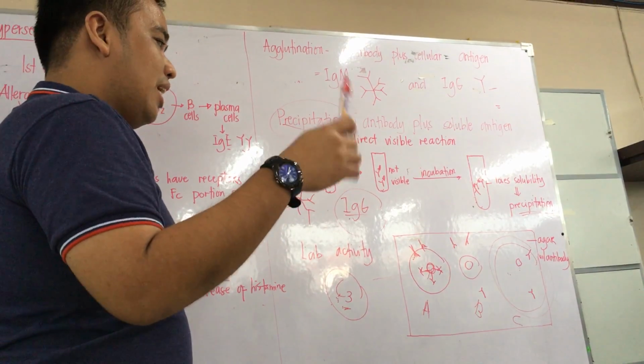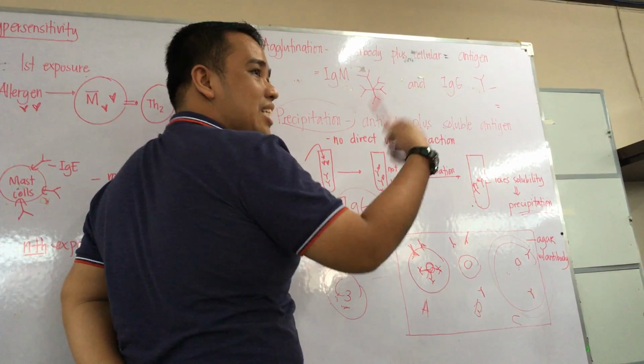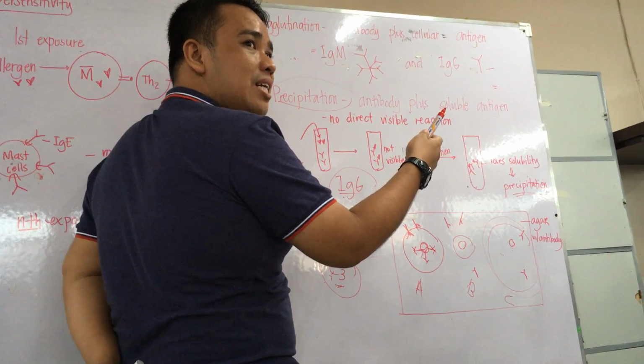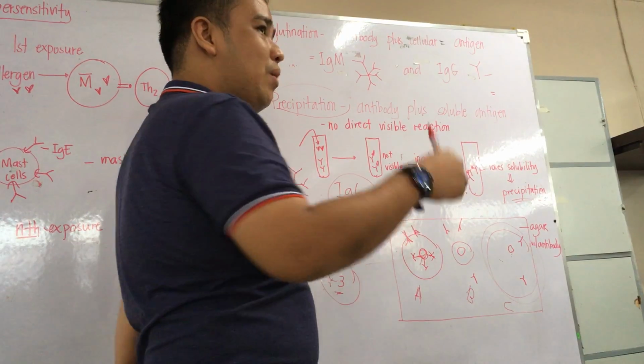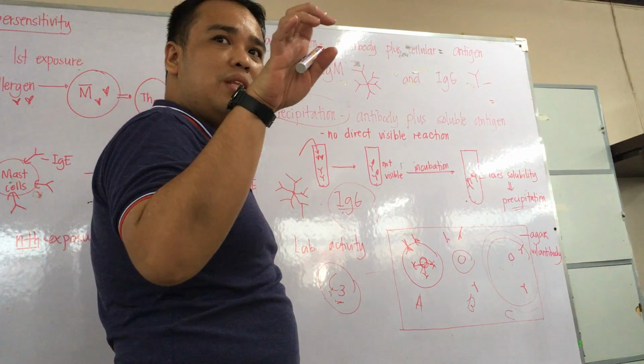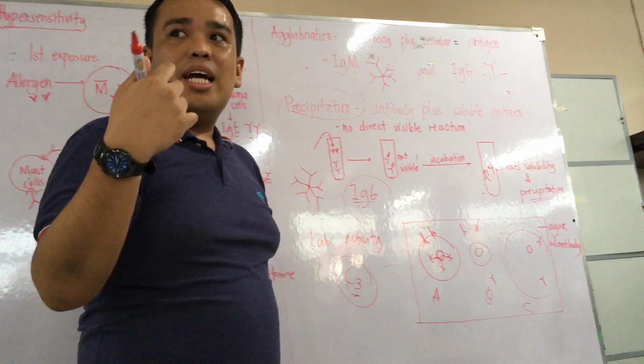That's why the method is radial immunodiffusion, because the antigen diffuses radially. Tama? Tapos immuno because there's antigen and antibody, and what the C3 did is to diffuse, radial immunodiffusion.